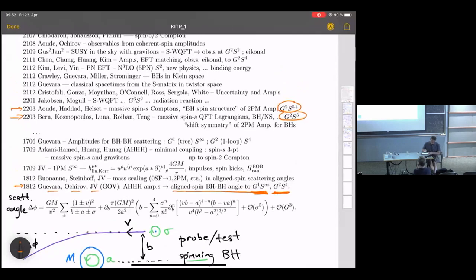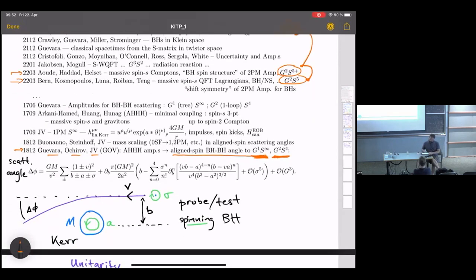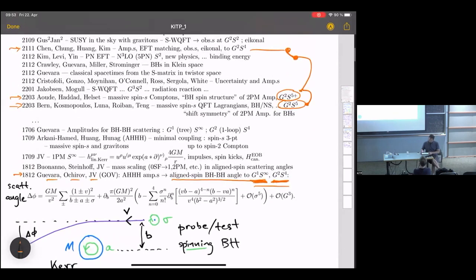I should also mention this very recent work, all three of those, in a way that I'm not going to talk about at all. Well, so first there was this very important work by Chen, Chung, Huang, and Kim, which went to the same levels, let's say G squared S to the fourth, for generic, not just aligned spins.